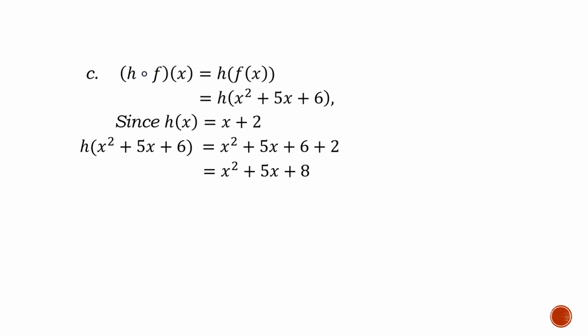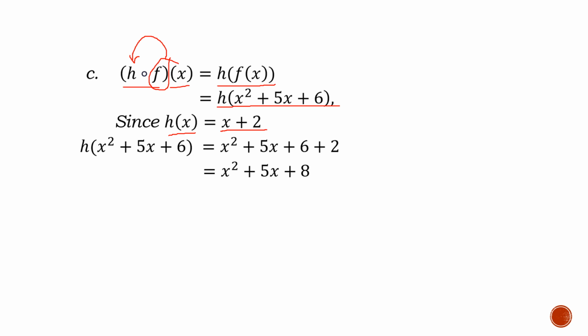So for letter C, your h composite of f of x is equal to h of f of x. Here, your second function is f. So we simply use the value of f of x as the value of your variable x in your first function, which is your h of x. So your h of x is equal to x plus 2, so we simply use this value as a replacement for this one. So your h of f of x is now equal to x squared plus 5x plus 6 plus 2.